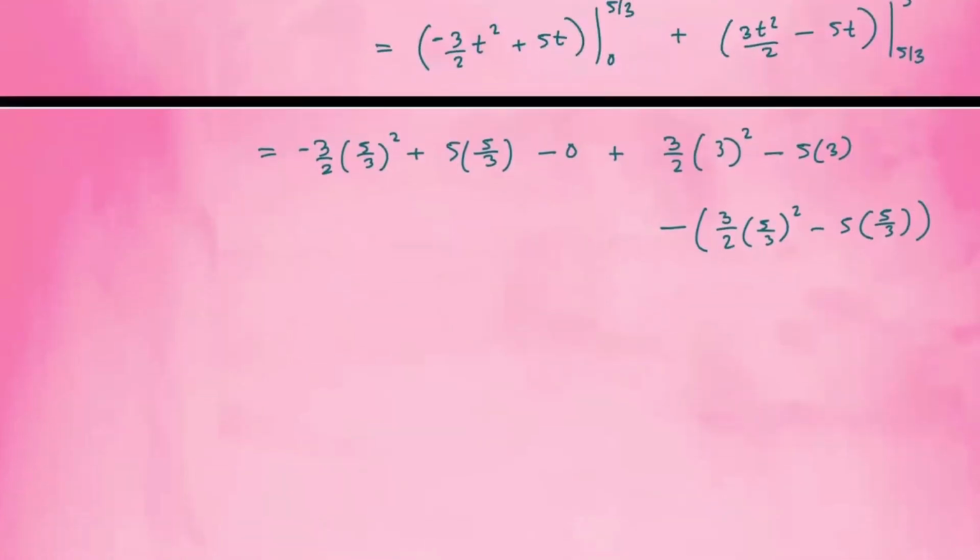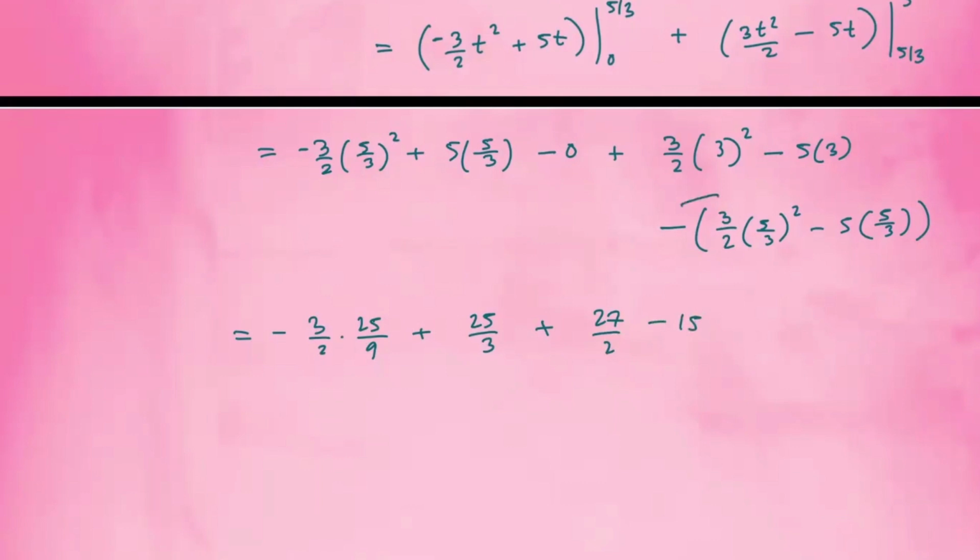Okay, now let's clear this up a little bit more. So we have negative 3 over 2 times, for this part, 25 over 9. For the second one, 25 over 3. For the next term, we have plus 3 over 2 times 9. That's 27 over 2. And then we're going to get minus 15.